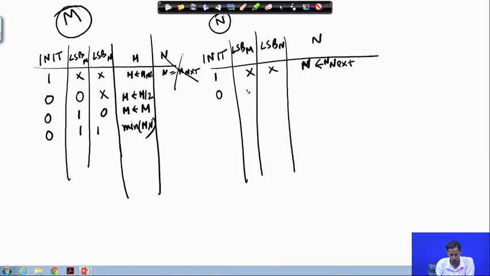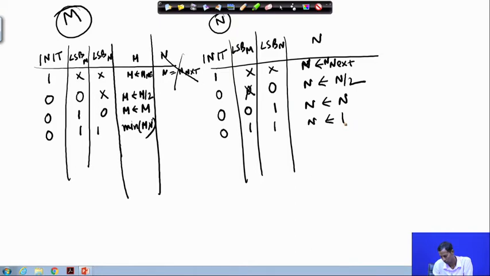For 0, n equals n by 2, whatever the value is. For 0 and 1, n equals n, and for 1 and 1, n equals mod of m minus n. So, these are the corresponding functions which I require for m and n.